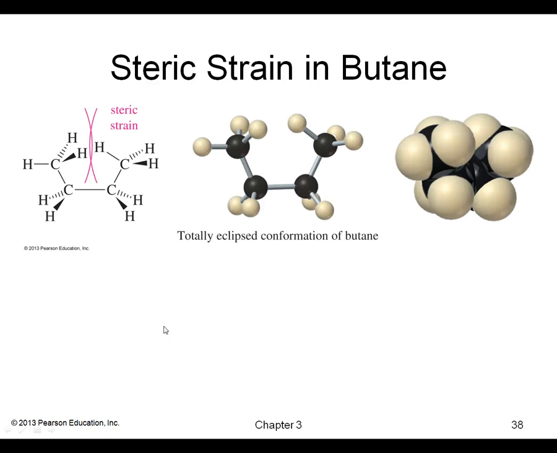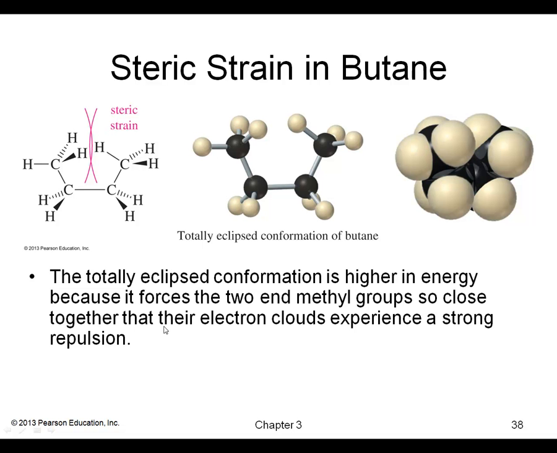So here we see a picture of this steric strain in that one eclipsed. So steric strain is a repulsion strain of two non-hydrogen groups getting close to each other.